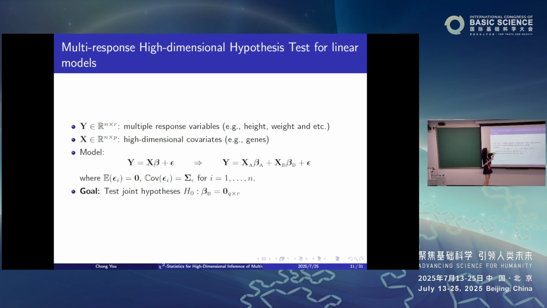And X is the high dimensional covariate, N times P, and you can consider these as genes. So P is greater than N. Again, our goal is to test whether this beta B is zero. The traditional method, using a single response approach, is to test those hypotheses individually.